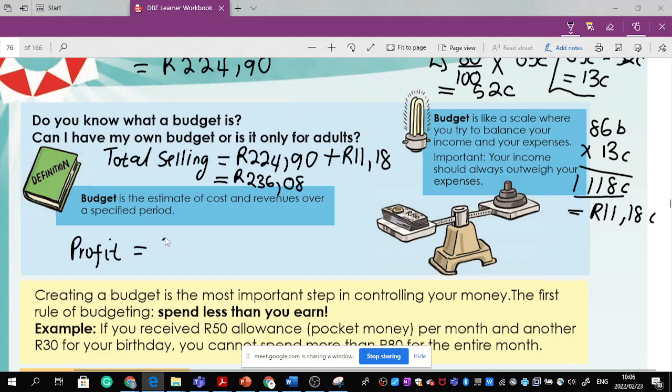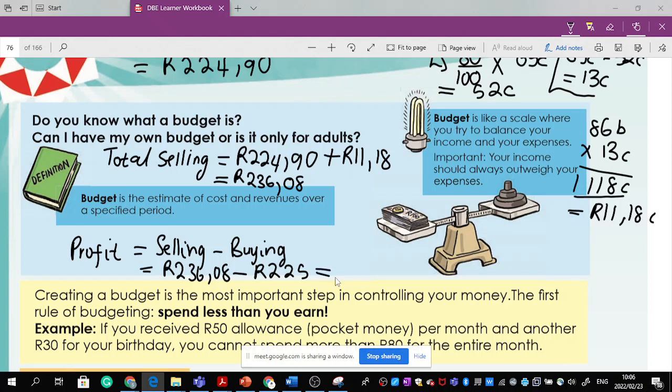Yes, ma'am. Profit is equal to selling minus buying. We're selling at 236 and 8 cents minus the buying price, which is 225 rands. If you subtract that, what do you get? I'm sure we're making peanuts there because of the ripe bananas.